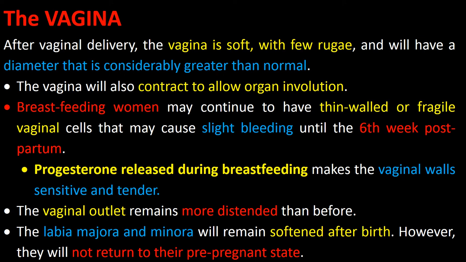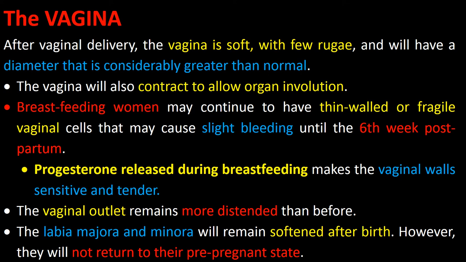Bakit? Because of the presence of oxytocin. Your oxytocin will also create thin-walled or fragile vaginal cells. Therefore, yung vagina is prone to bleeding in the first 6 weeks of postpartum.